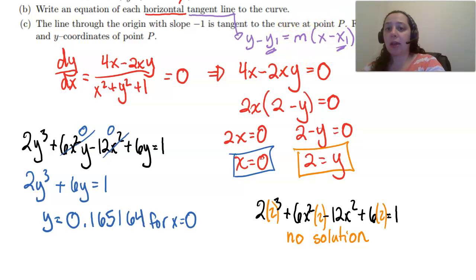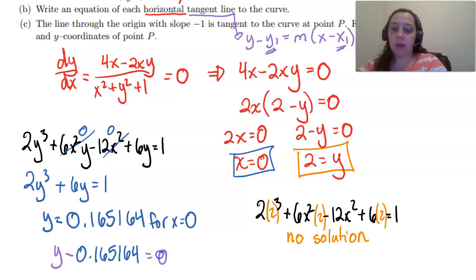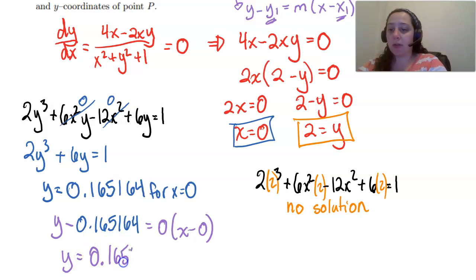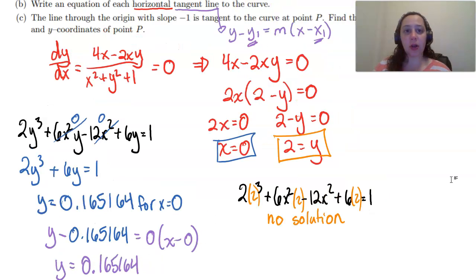If I'm writing this out, I'm going to get y minus our y1, which is this value, equals 0 times x minus 0. And all of this is 0. And to solve for y, we're just going to add 0.165164 to both sides. So we get y equals 0.165164. So this is our equation of the horizontal tangent line.